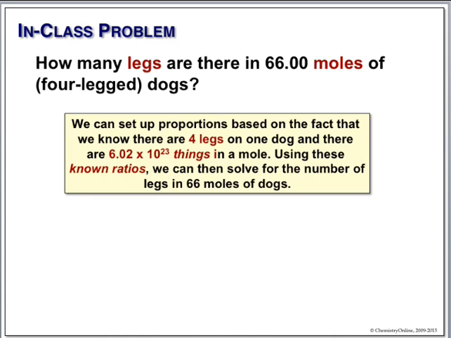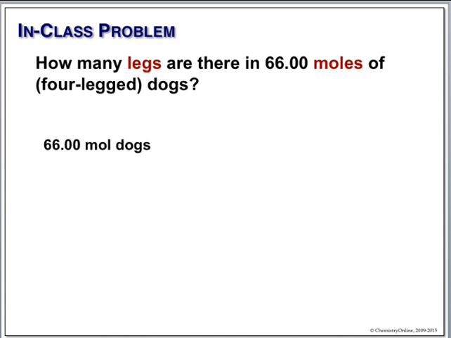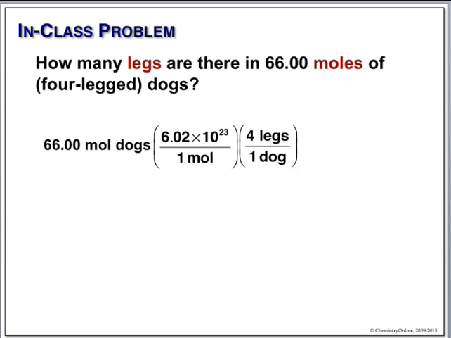66 moles of dogs. How many dogs in every mole? Well, there are 6.02 times 10 to the 23rd things, it can be anything, in a mole. When you write mole, sometimes you put the E on the end, sometimes you don't.